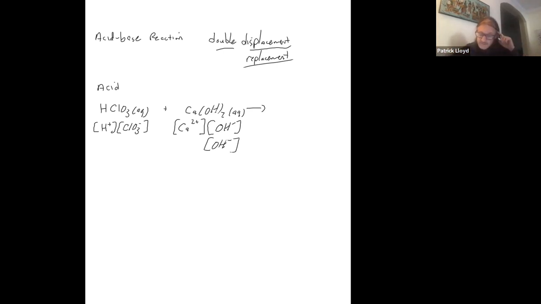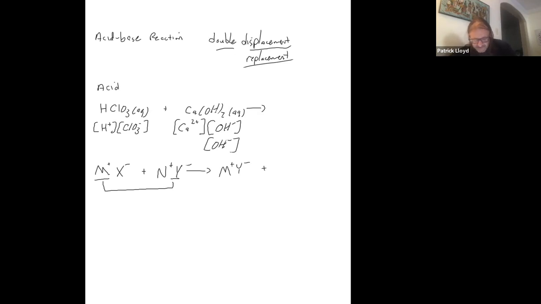Okay. A double replacement is generally the following. You have a positive and a negative reacting with a positive and a negative. They switch partners. The first positive goes with the second negative, so you get M plus Y negative.